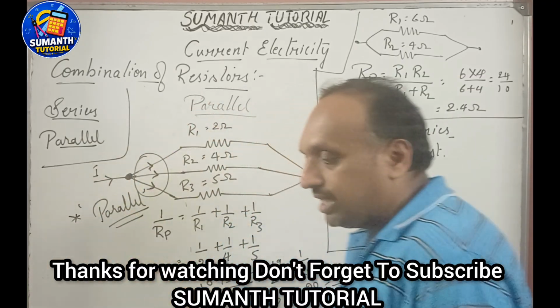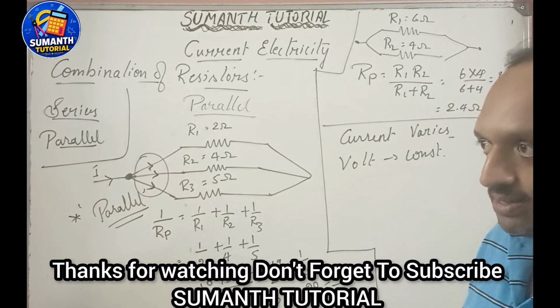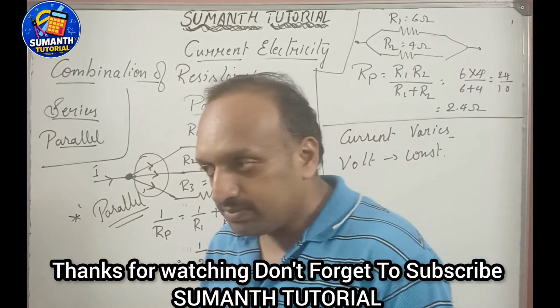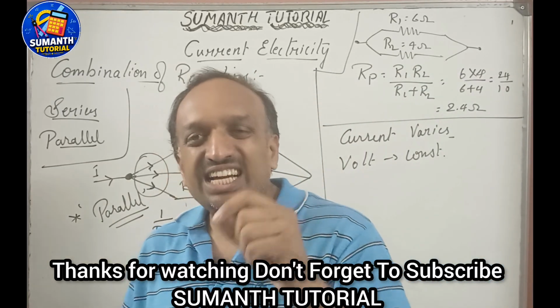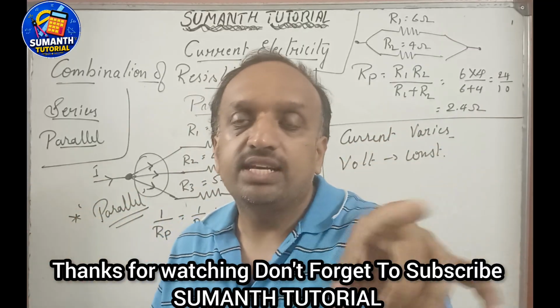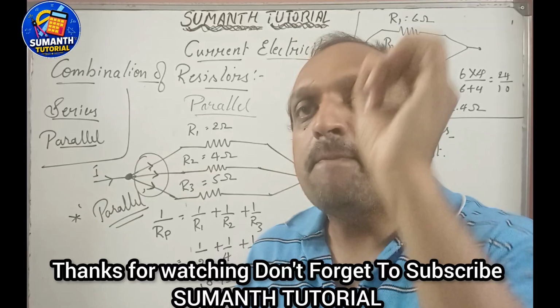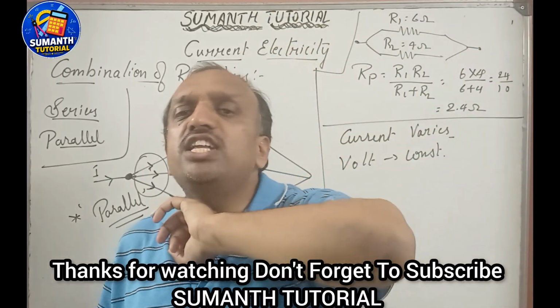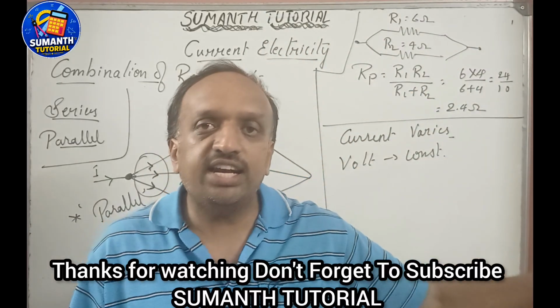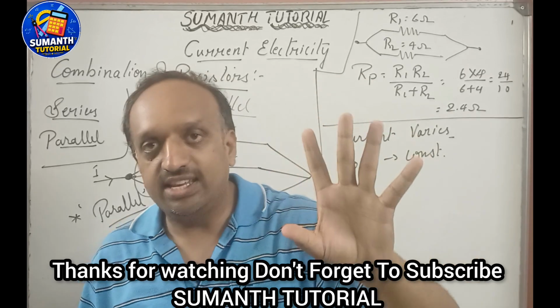Very important statement. What my statement is, in a circuit, wherever the current deviates its path, the current changes its direction, that is a parallel connection. If there is no change in the direction of the current, then that is series.